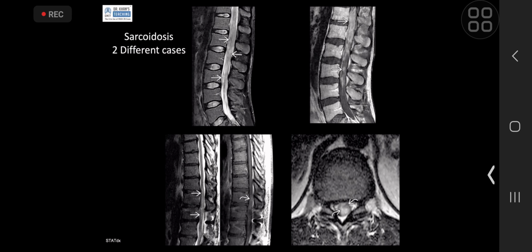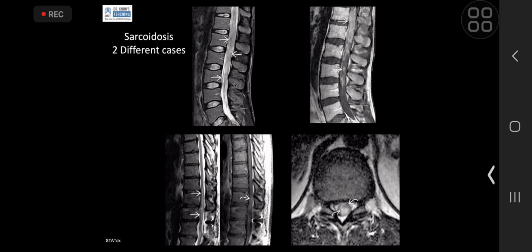Actually, it was not enhancing, it was high intensity on pre-contrast fat saturated sequence. Otherwise, sarcoidosis is what we call biggest mimicker in neuroradiology. So it can do many things, and you can consider it even in brain.